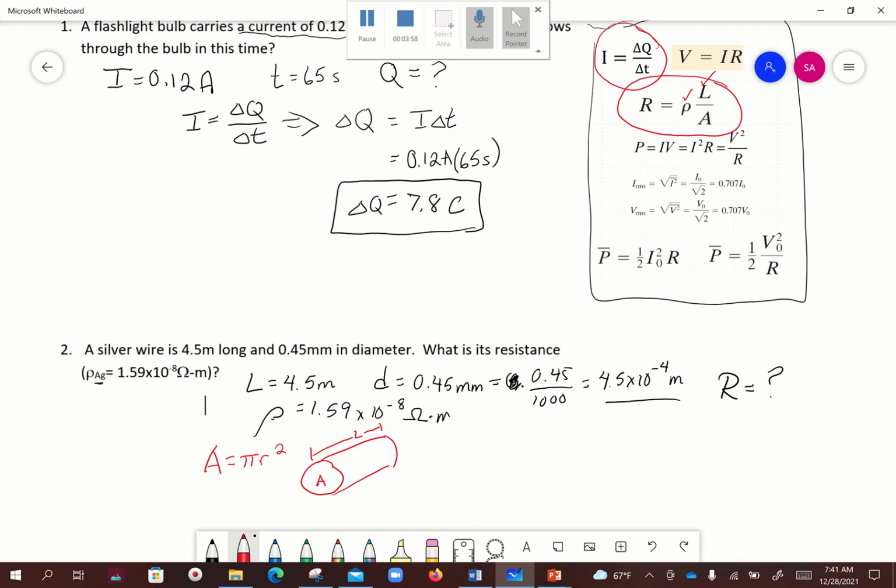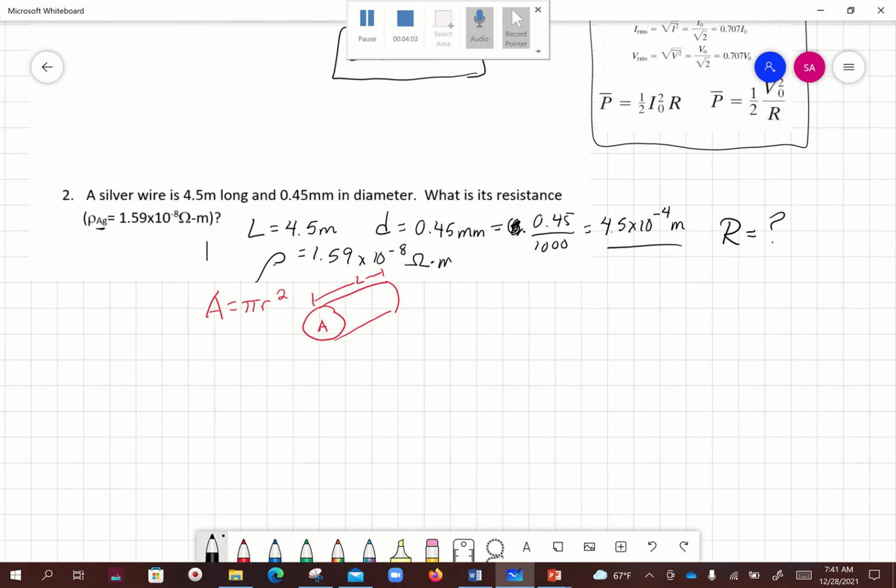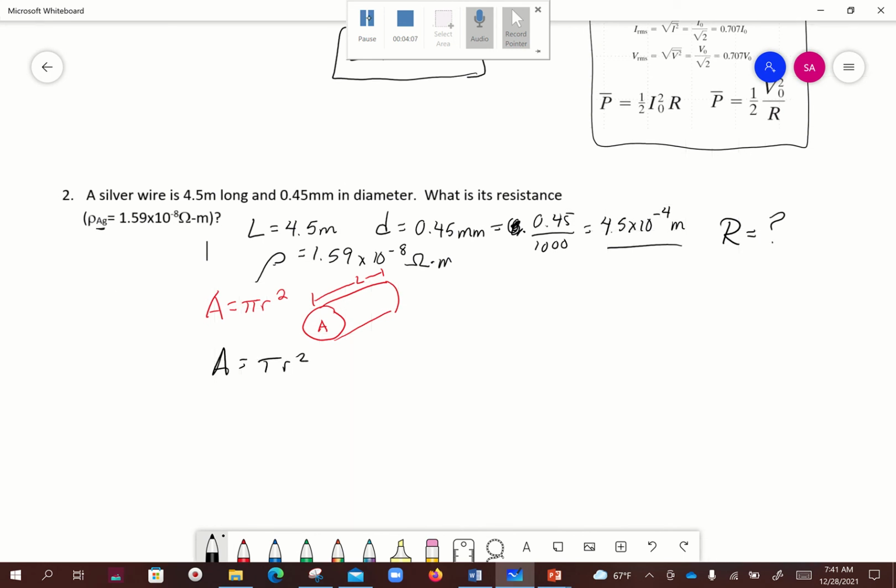Okay, so let's pull this up a little bit. So area is pi r squared. So it's going to be pi, and the radius is the diameter over 2, right? So area is going to be pi times the diameter, 4.5 times 10 to the minus 4, divided by 2, squared.